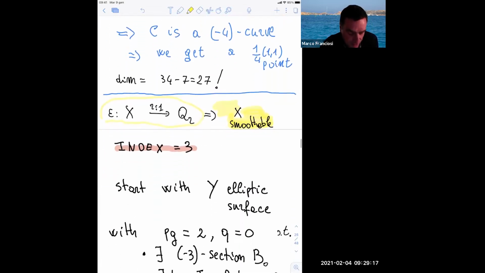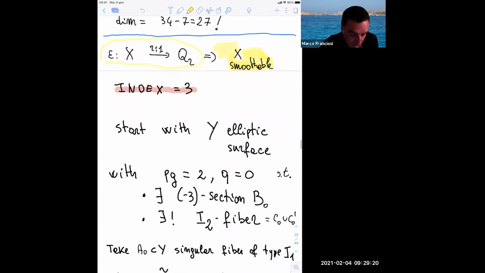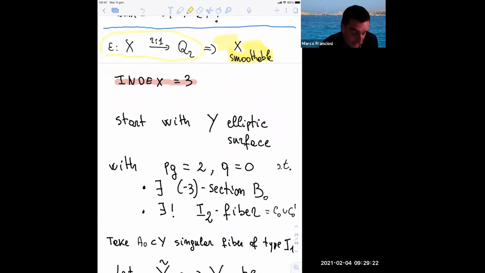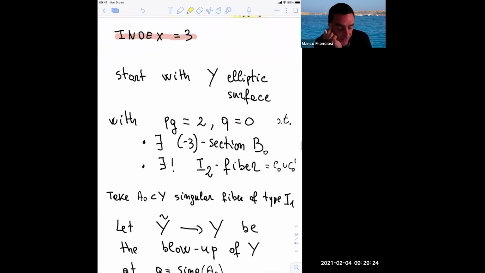Okay, the index 3 case is in the same philosophy, but we start with different Y. So we consider Y an elliptic surface with p_g equal 2, q equals 0, such that there exists a minus 3 section B0, and there exists a unique I2 fiber C0 union C0 prime.